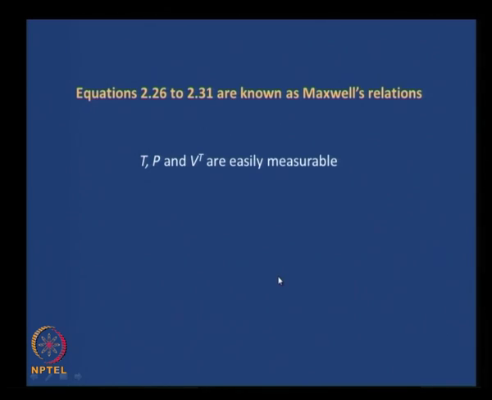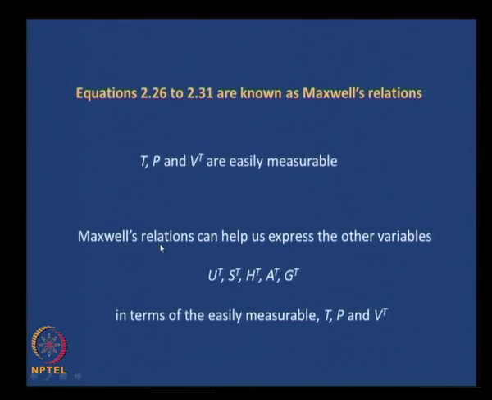As I had already mentioned, it is worth mentioning again, temperature, pressure and the total volume are easily measurable. Maxwell's relations can help us, that is one of the things that they do, you can do many other things with them, can help us express the other variables such as Ut internal energy, St entropy, Ht total enthalpy, all these are total quantities since there are more than 1 mole of the pure substance that we are considering here.